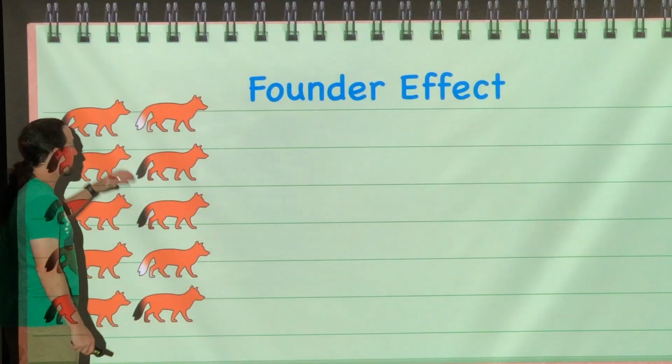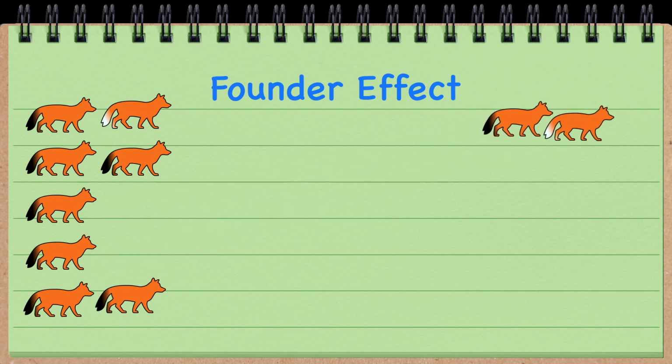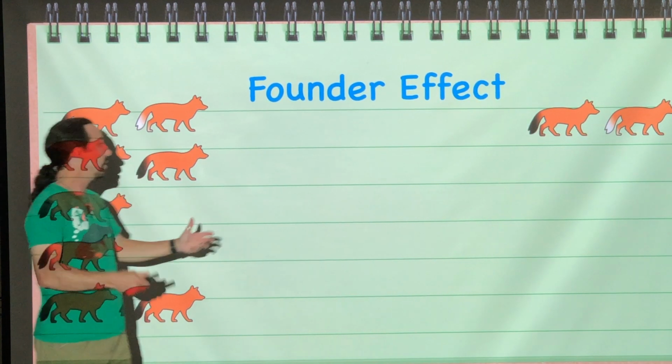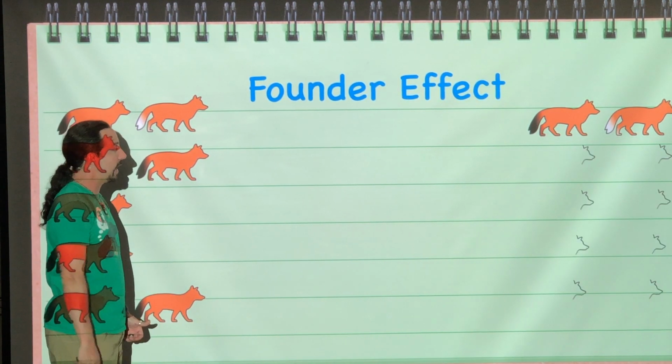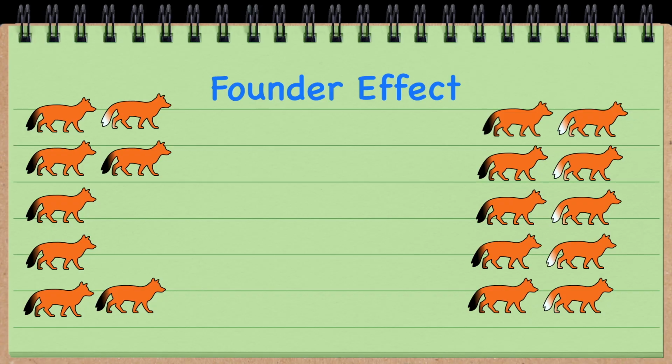An example of this would be if we had foxes and two foxes were to leave this population and start a population of foxes in a new area. When these two foxes reproduce, they could end up causing a population that looks like this, which is very different from our original population.